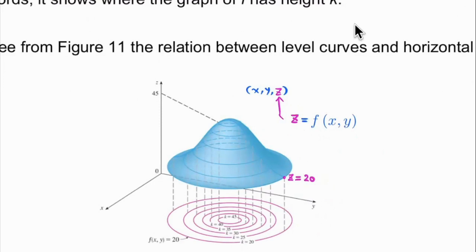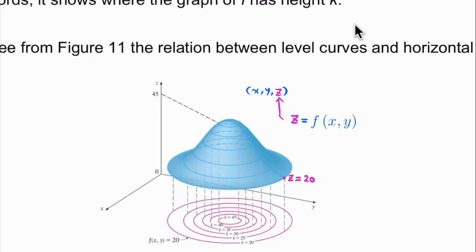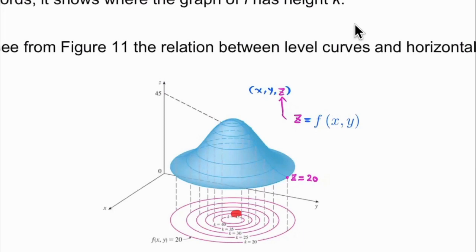Similarly, if you let z be a different value, for example 45, and you cast every point here on the surface down to this xy plane, you get this curve. Then this curve over here is the level curve f of x comma y equal to 45.